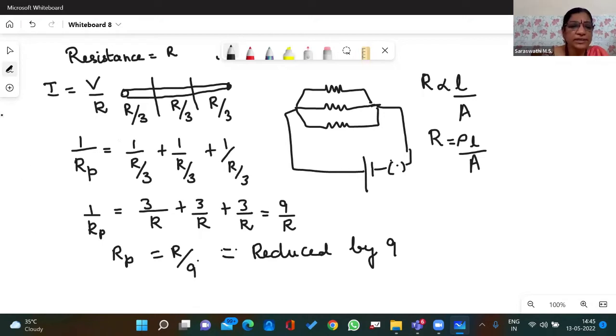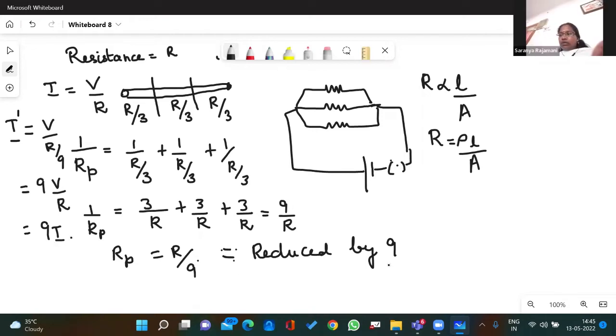Now they are connected in parallel, so the new current, I dash, is V by R by 9, or this will become 9 times the original value of I. So the current is going to increase by 9 times. What happens to the resistance? It is reduced by 9 times, whereas the current in the circuit will increase by 9 times.